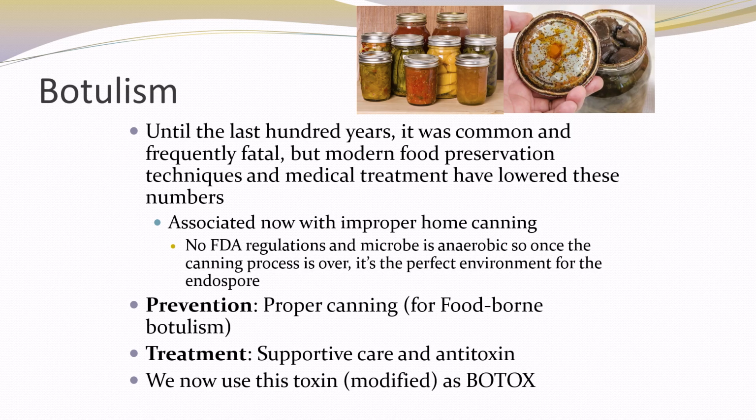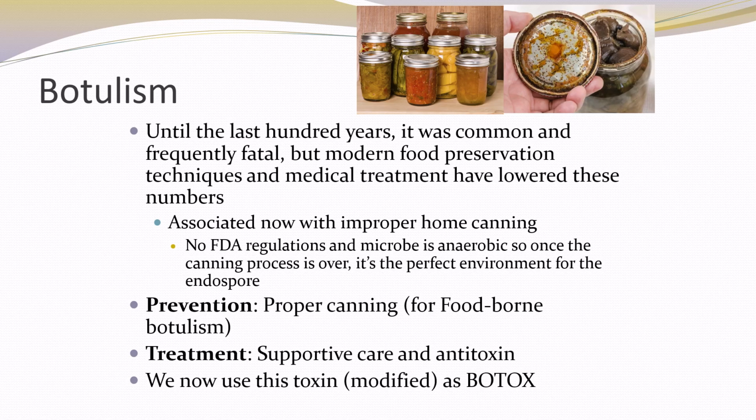Not necessarily, but you probably don't want to eat it because, again, that means that it wasn't canned properly. Stuff is growing inside of the food. You probably don't want to consume it. So prevention is just proper canning. For babies, don't give them raw honey until they're old enough. I don't know what age that necessarily is, but don't give it to a baby.